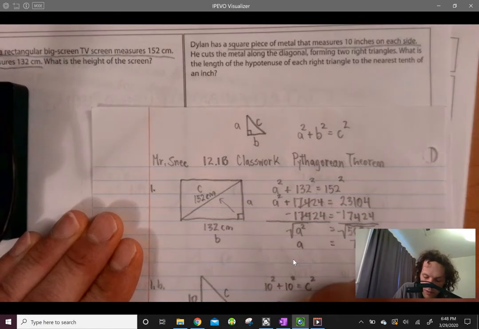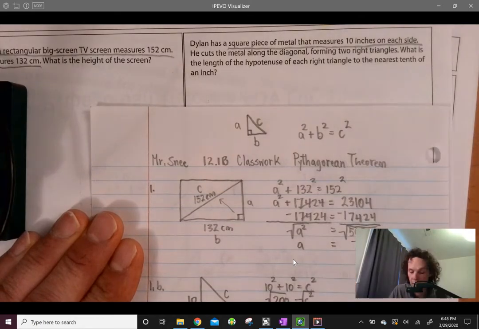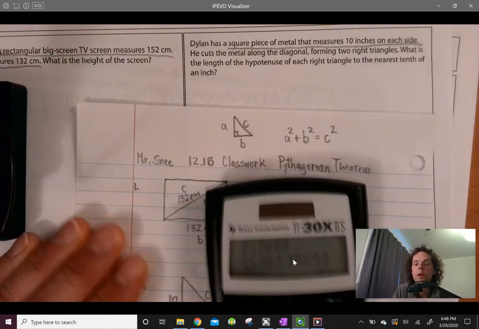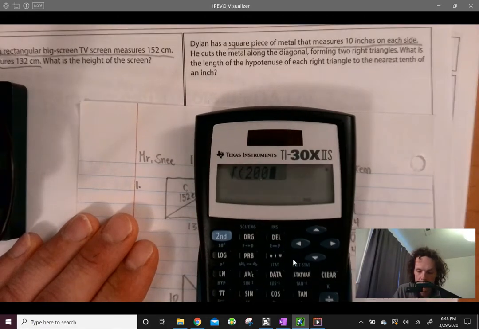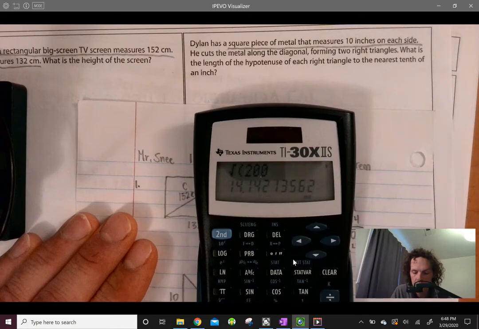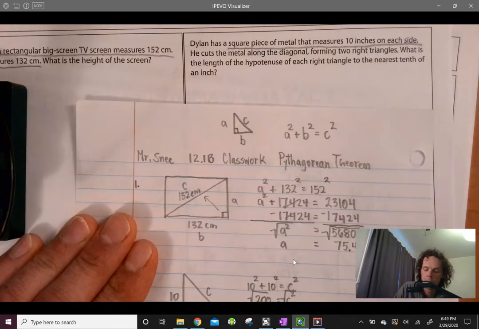And we know 10 squared is 100, plus 100 is 200. So then let's just find the square root of 200 to find the length of the hypotenuse. Square root of 200 is 14.14 to the nearest tenth of an inch, so 14.1.